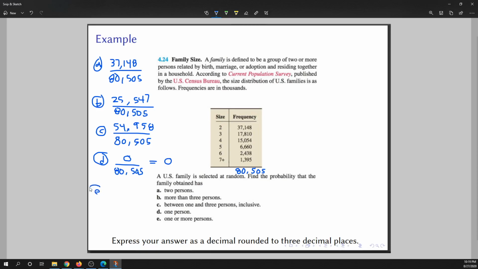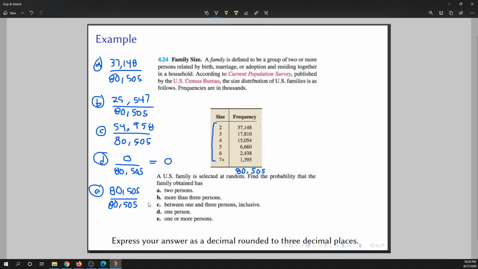All right, and then part E, they want to know 1 or more persons. So that would basically be everybody in this table. We would add up all of the numbers in this table, which we've already done. We know that that would be the number in our event, and then the bottom number, of course, would be the number of families in our sample space.